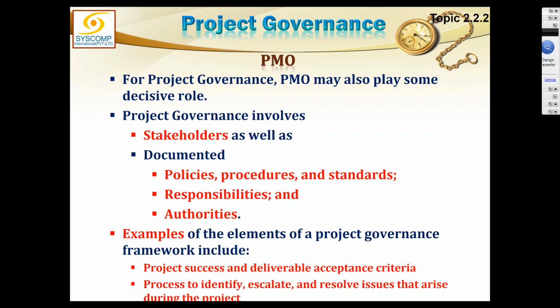And also the process to identify, escalate and resolve the issues that arise during the project. That is the definition of the issue escalation path. If in this project some problem or issue arises, how and who will solve that?